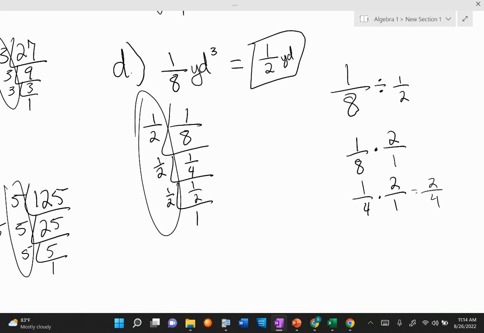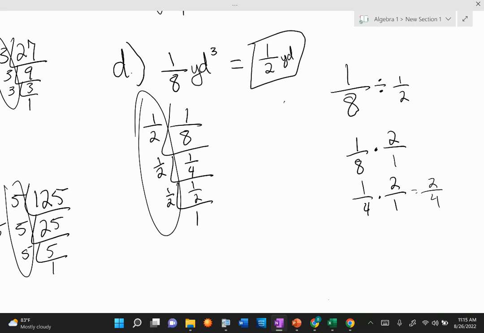An easier way to do fractions. Would you like to see? You're going to love it. That's sarcastic. You're going to love it. I will always teach you the harder way first, and then I'll show you the easy way. This was the harder way.